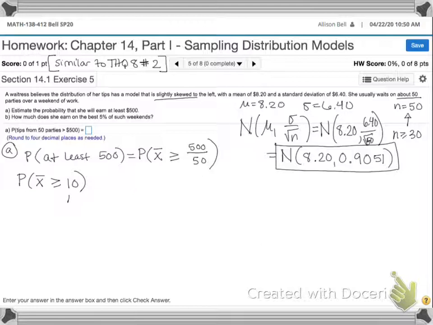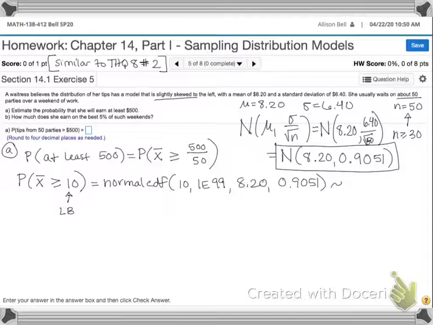So if they say greater than or equal to, then I've just been provided my lower bound, and I'm going to go right into normal CDF, and I'm going to take 10 as my lower bound, 1E99 as my upper bound, 8.20 as my mean, and 0.9051 as my standard deviation.